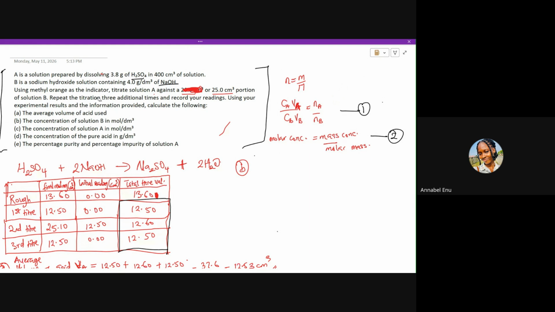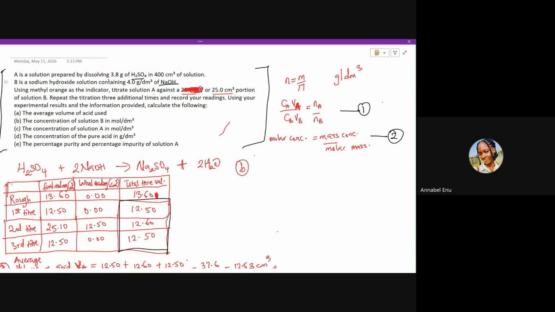Were we given mass concentration? Molar mass we can always get. Yes, remember I told you mass concentration is measured in gram per dm cube. And we're given that B is a sodium hydroxide solution containing 4.0 gram per dm cube of sodium hydroxide.